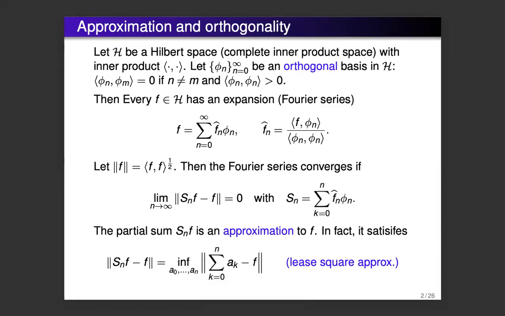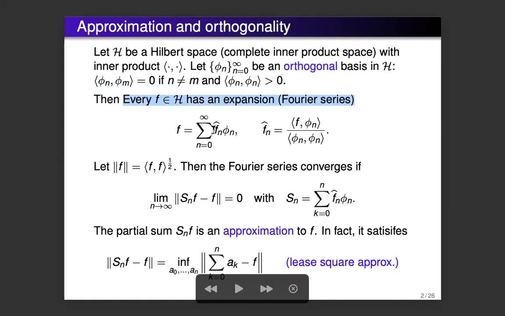Consider a Hilbert space, which essentially has an inner product, and let phi_n be an orthogonal basis in this Hilbert space. That really just means the inner product of phi_n and phi_m equals 0 if n is not equal to m, and the norm of phi_n is bigger than 0. If that's the case, then every f in H has an expansion, what we usually call the Fourier expansion.